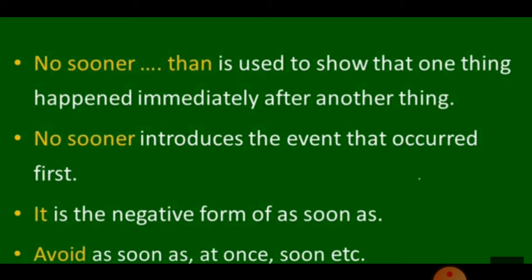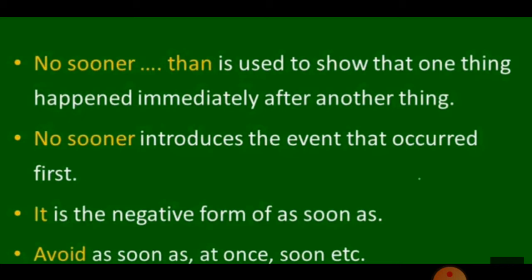So in this sentence mostly two incidents may occur, two events are occurring. For the first incident we are using no sooner, and for the other incident occurring in this sentence, we are using than. So no sooner introduces the event that occurred first.